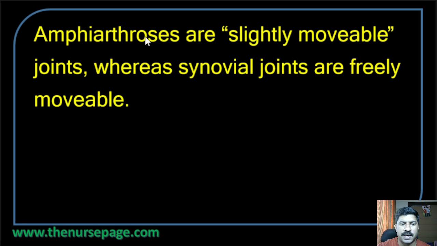Amphiarthrosis means slightly movable, whereas synovial joints are freely movable. Amphiarthrosis means slight movement is possible, while synarthrosis means immovable. So there are three terms: synarthrosis, immovable; amphiarthrosis, slightly movable; synovial joints, freely movable.